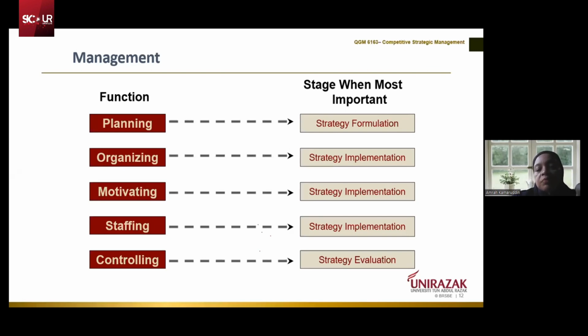Motivating is also a function of management. Staffing and controlling are also functions of management. So every one of these has its importance. Planning is formulation, organizing is implementation, motivating, and controlling is evaluation. So this you're going to learn in management.